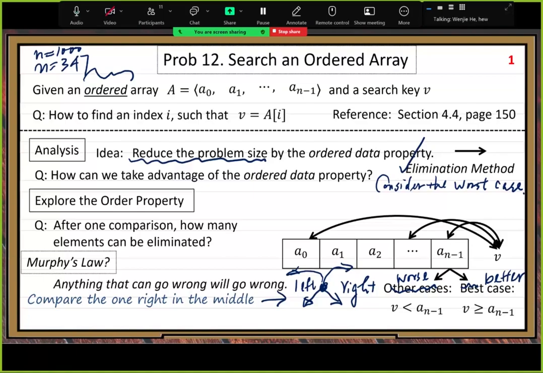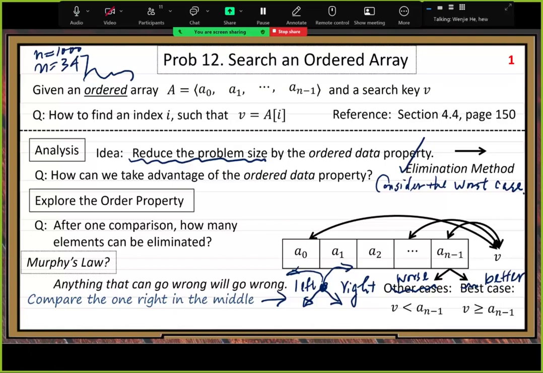So if you do not choose the midpoint, you would do worse because the number of elements to be eliminated would be fewer, because the data distribution is not even.